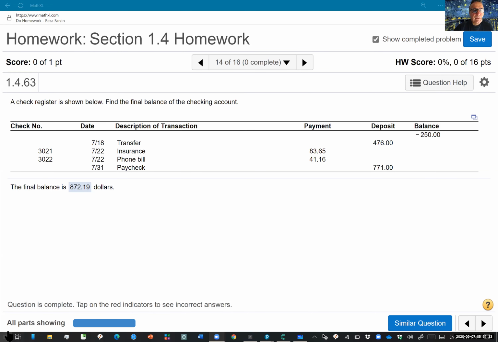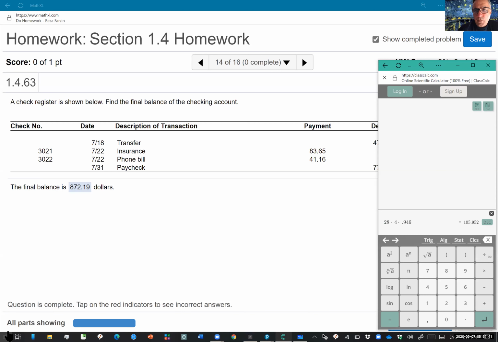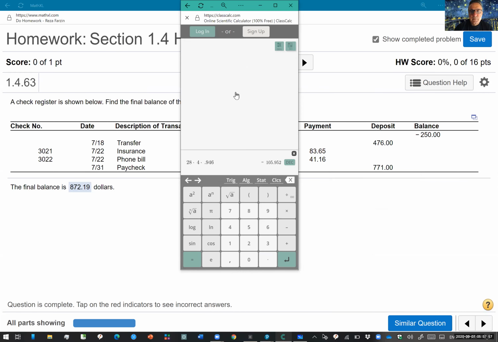So I'll replicate it here on my class calc on the desktop. So what do we start with? Oh wait, you can't see the screen, can you? All right, so what should we start with?